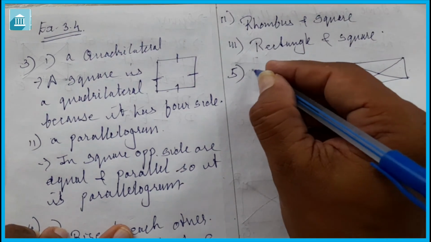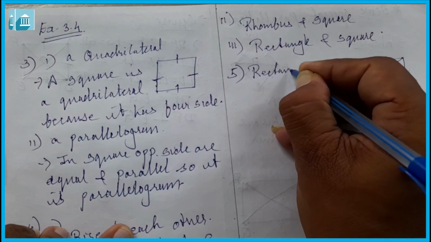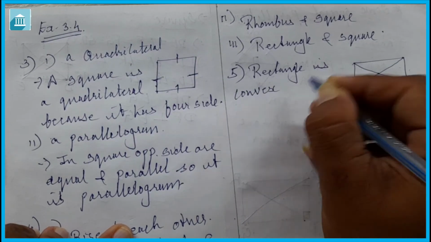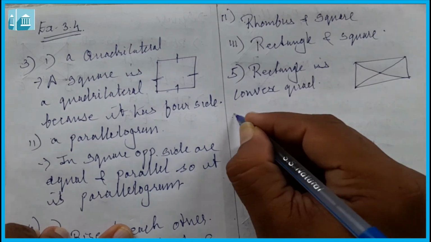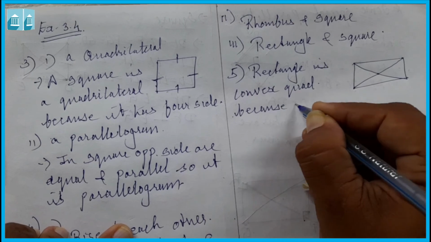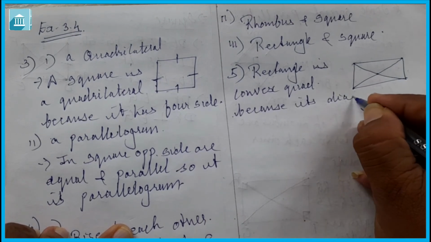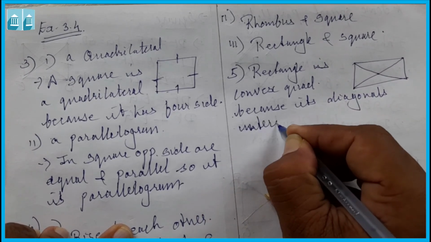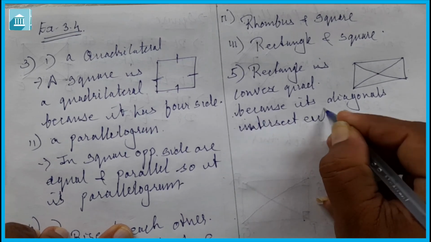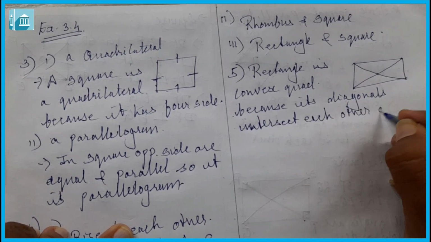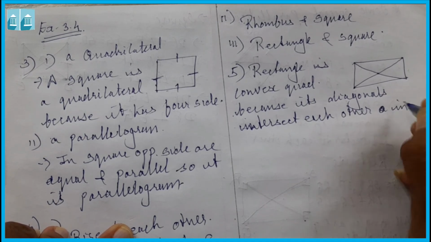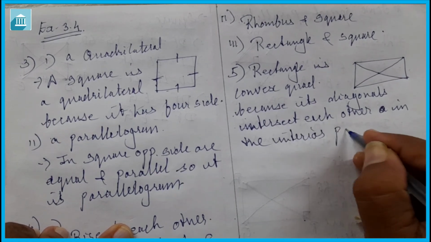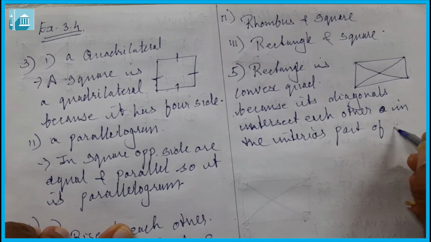So we can say that a rectangle is a convex quadrilateral because its diagonals intersect each other in the interior part of the rectangle.